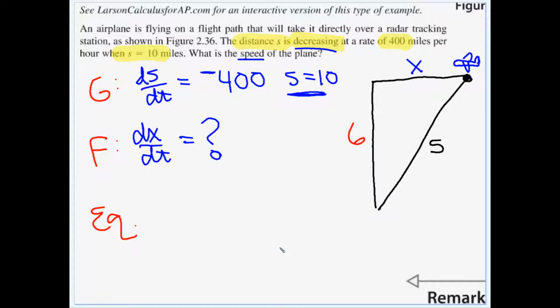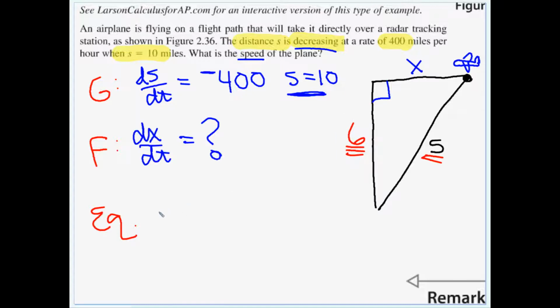So what's the equation that ties all this together? Well, if you look at my picture, this is a right triangle. It looks like it's going to be the Pythagorean theorem. Now, here, this side 6 is not changing. This side S is changing as the plane gets closer. X is obviously changing as the plane gets closer, but the altitude is constant at 6. So we can plug this 6 in right away.